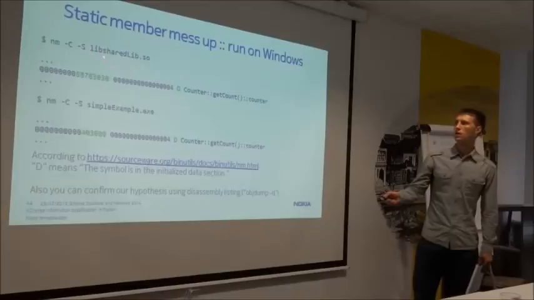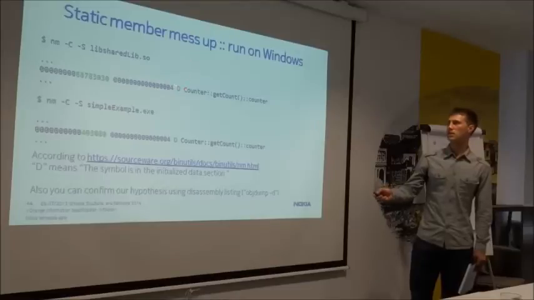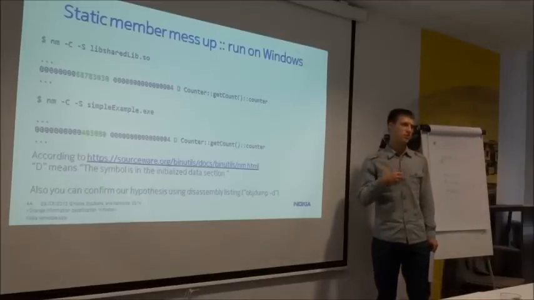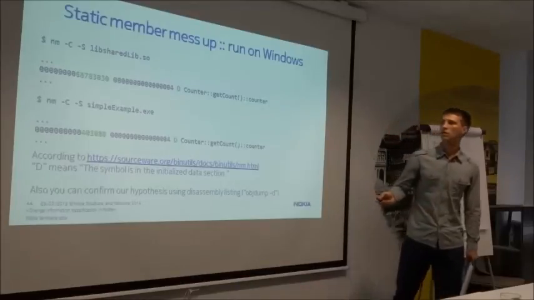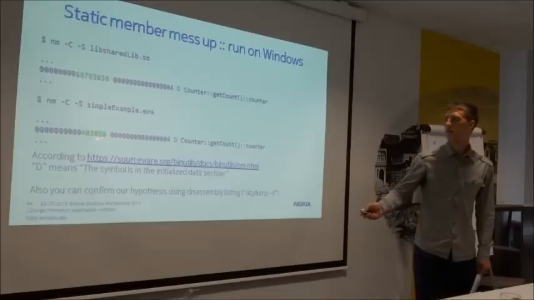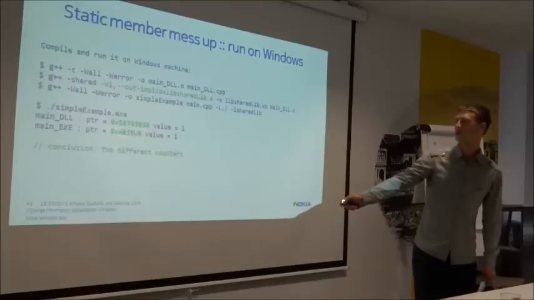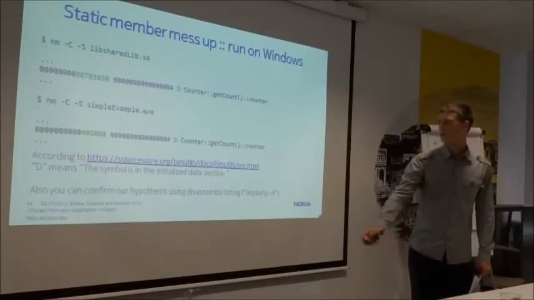And we can see in both the shared library and the executable we have the D class for our counters. D class stands for simply initialized data, and we have different addresses. If we go back, we will spot the same addresses here.